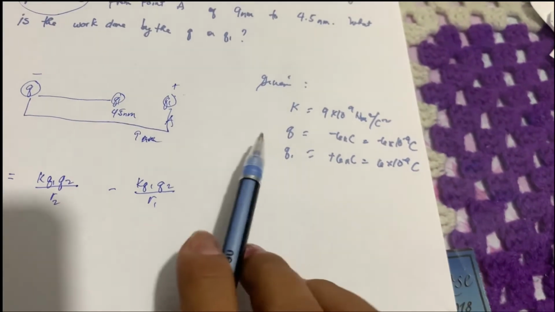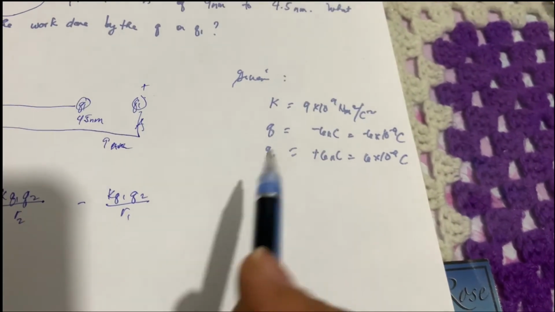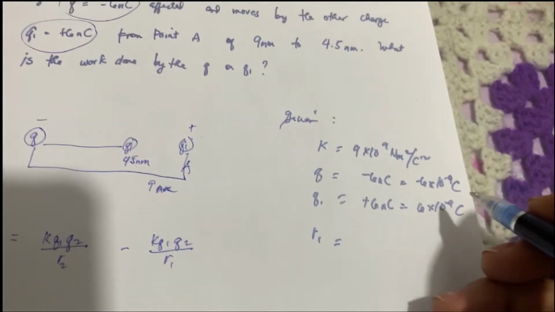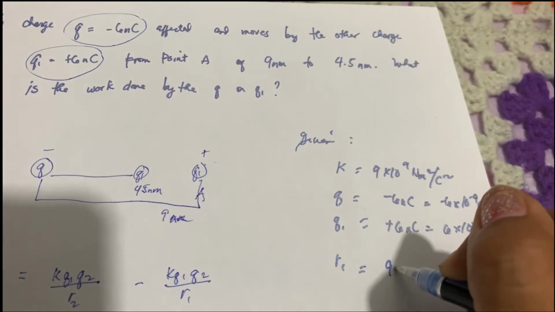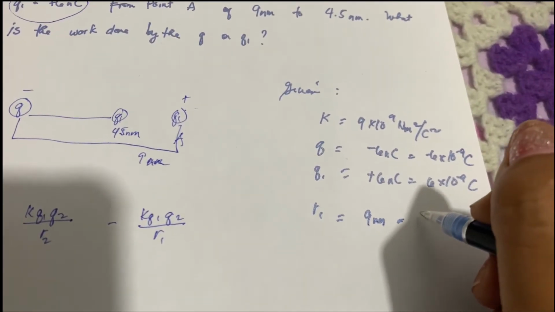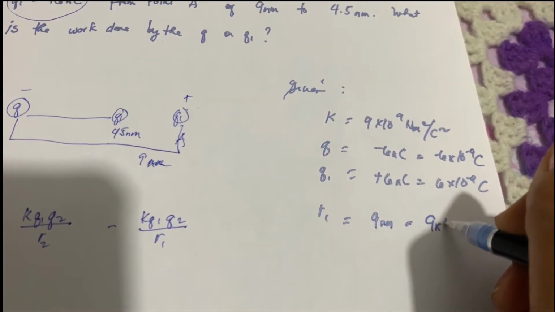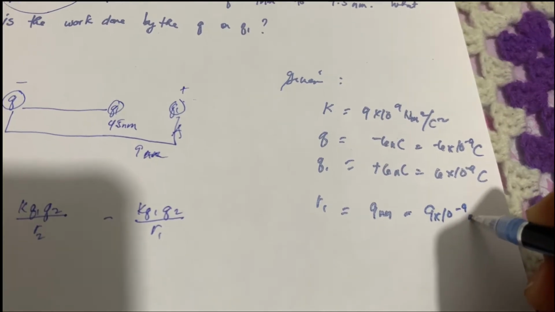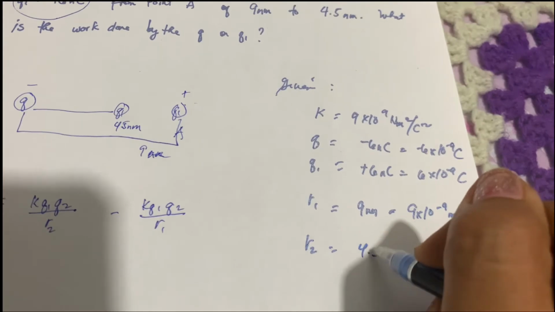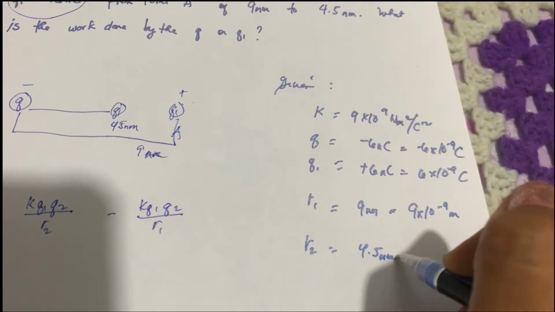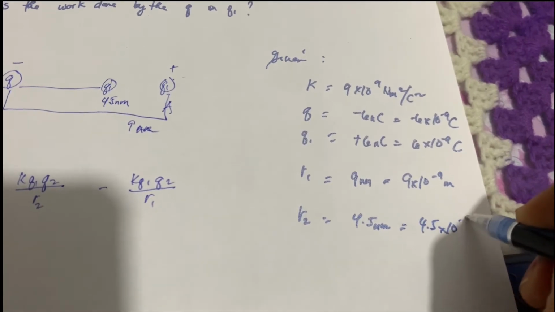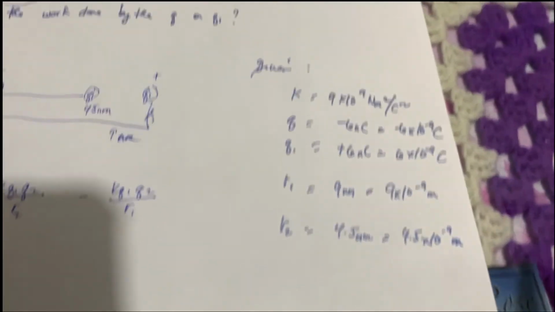Then, what else do we need? You have K, two Q, and the R. Your original R1 is 9 nanometer, and your 9 nanometer is 9 times 10 to the -9 meter. Your R2 is 4.5 nanometer or 4.5 times 10 to the negative 9 meters.